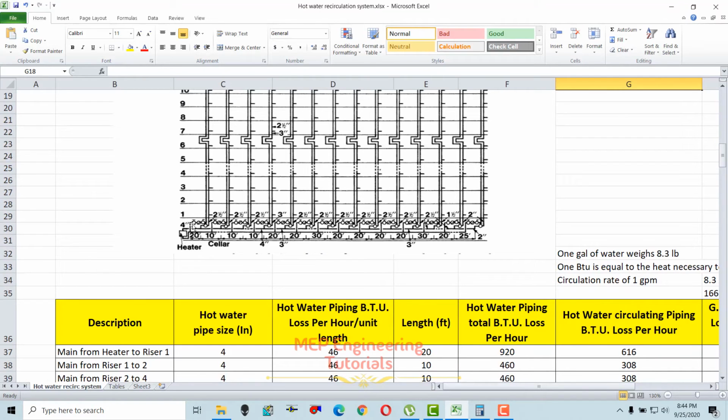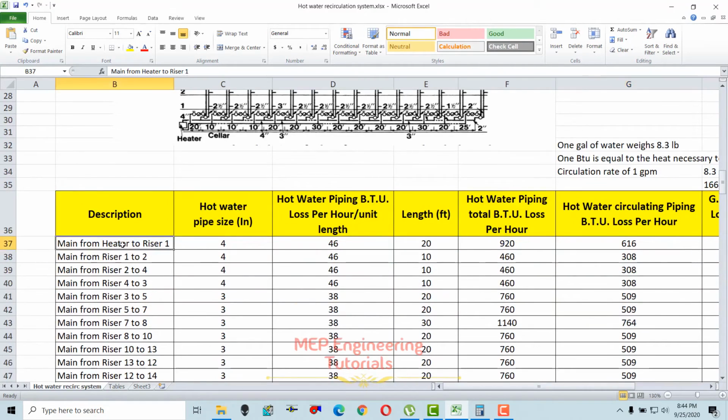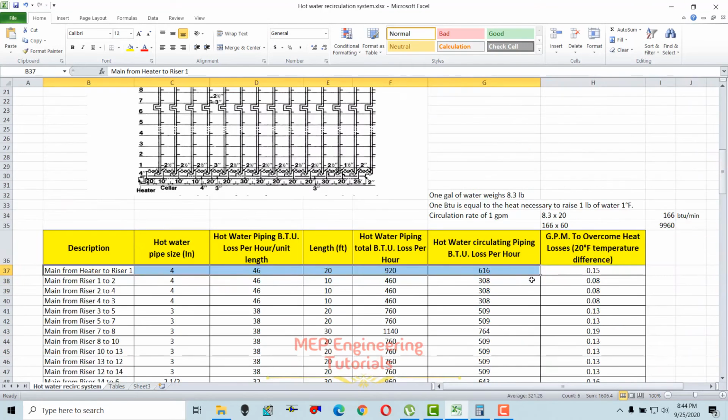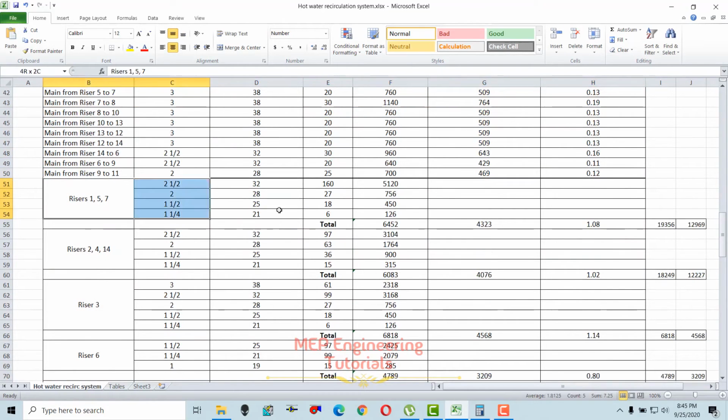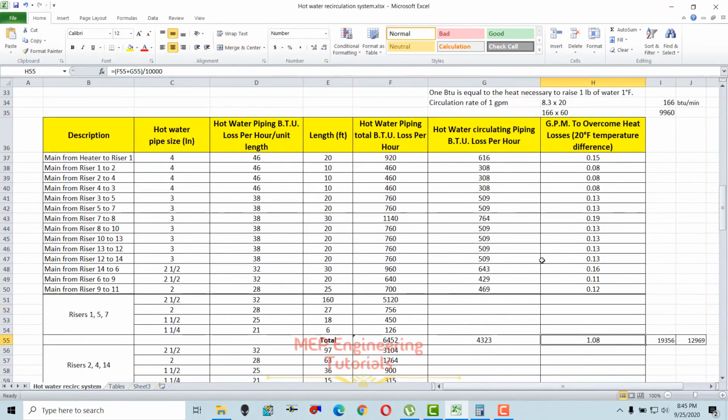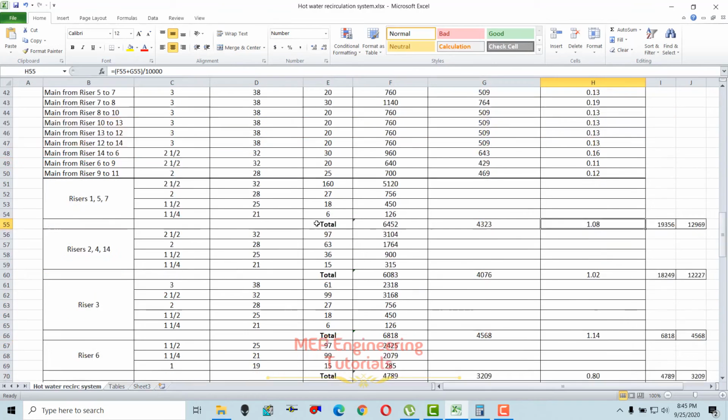this main pipe GPM, recirculation main pipe GPM. So from section 1 to the heater. So from heater to the riser 1, how much is the GPM? We calculated 0.15, and the riser 1 GPM, how much we got in here? That is 1.08. So 0.15 and 1.08.